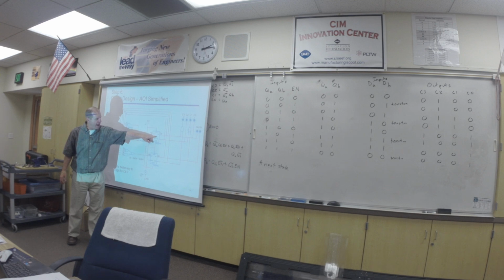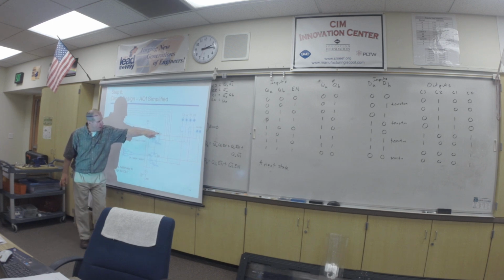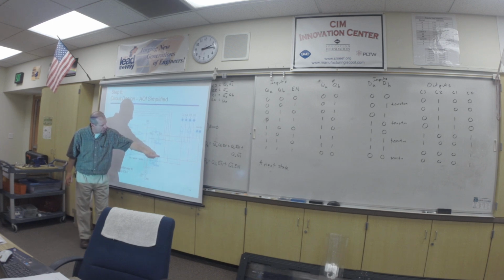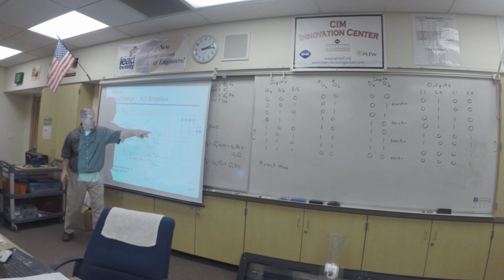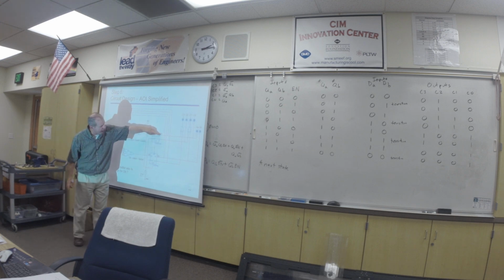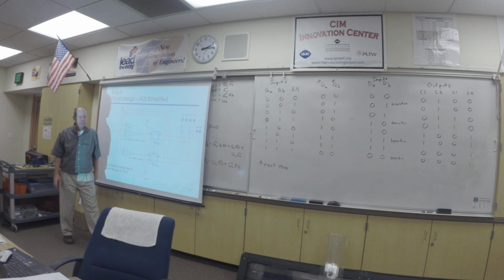This is A, this is B. So the input DA is right here, and the input DB is right here. The output QA is here, the output QB is here. That would make this QA not, and that would make this QB not, right? Follow me. If this is flip-flop A, this is QA. If this is flip-flop B, this is QB. QA, QA not, QB, QB not.